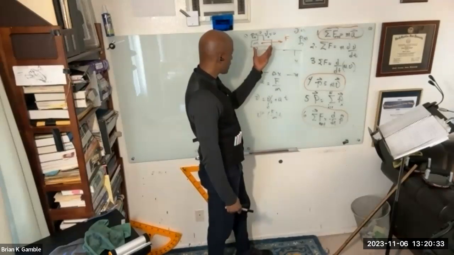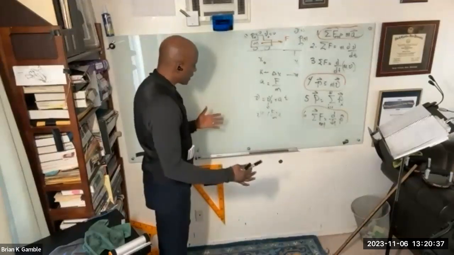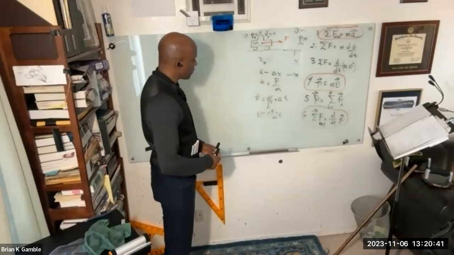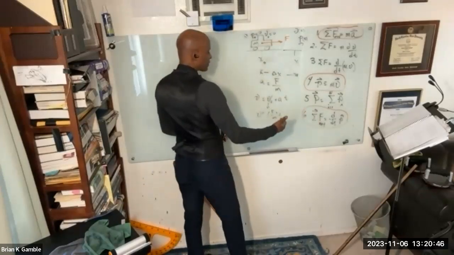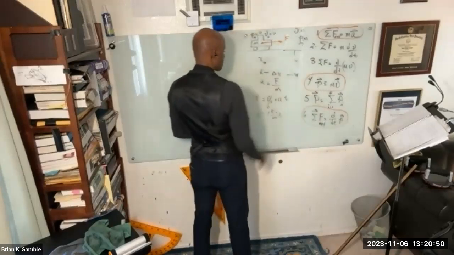So v of t times m is equal to the linear momentum. So the change in the linear momentum is basically, you see that it changes. That's why these two statements are equivalent: F equals ma, or F equals the change in the momentum of the system.